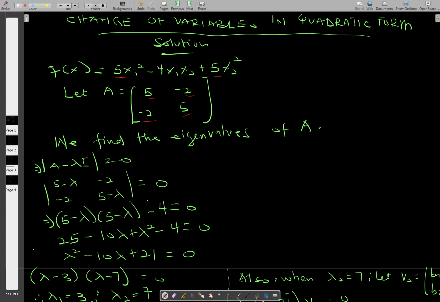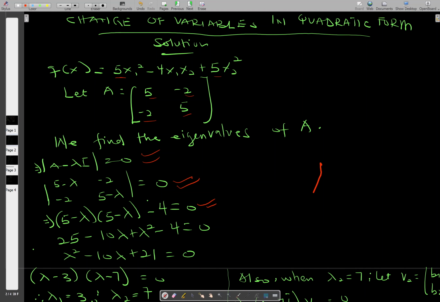Then first of all, we find the eigenvalues of A. The eigenvalues of A can be calculated using this formula, that's the determinant of A minus lambda I is 0. So we find the determinant of this. When you do that, we get 5 minus lambda times 5 minus lambda minus 4 equals 0.